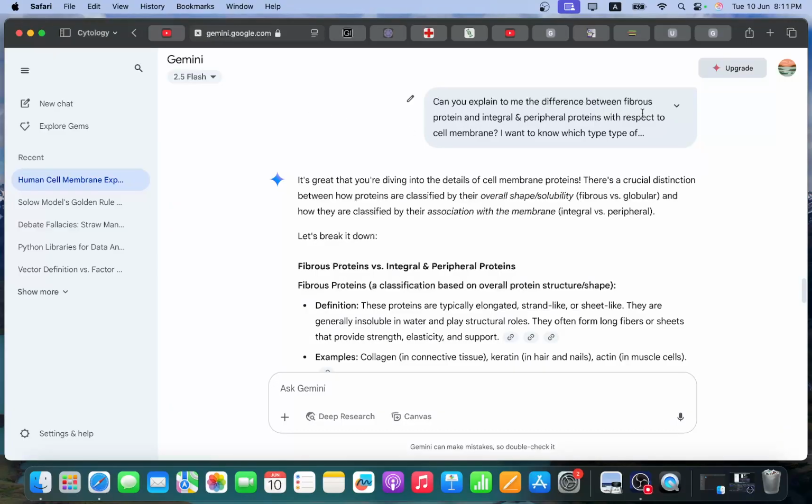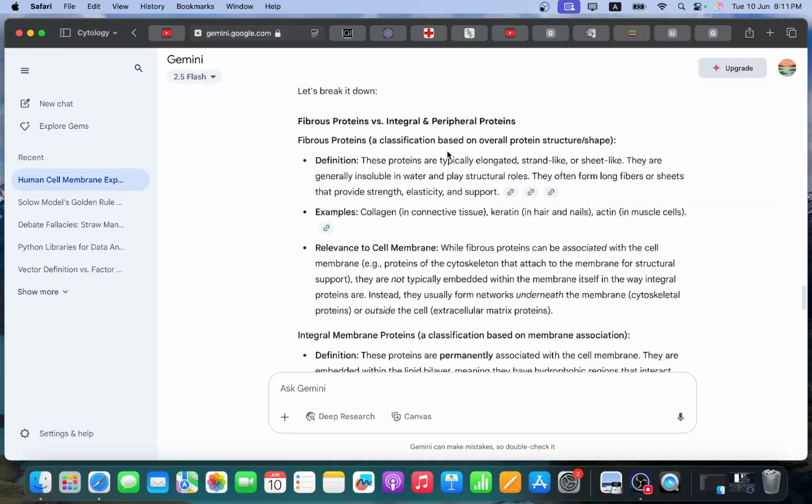Okay, can you explain to me the difference between fibrous? We were here trying to understand the difference between fibrous proteins and integral and peripheral proteins. Elongated, strand-like, sheet-like, etc. We have done that.